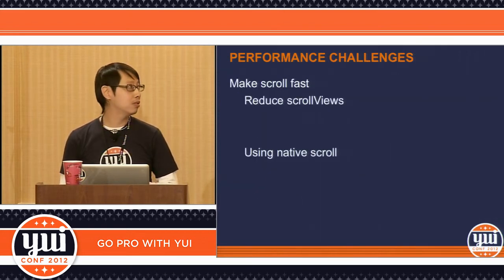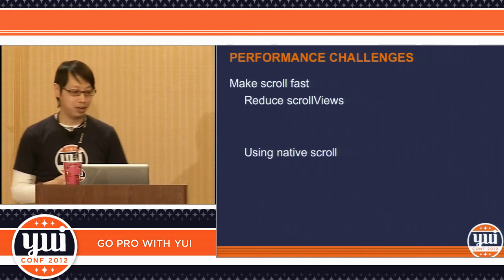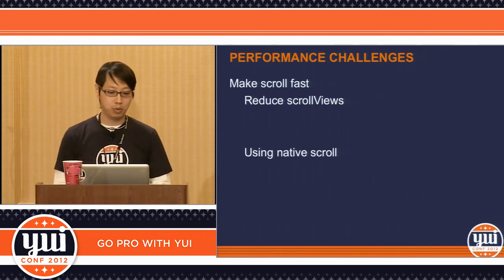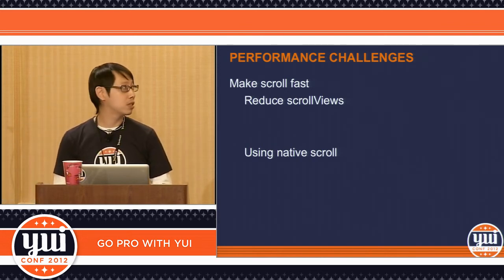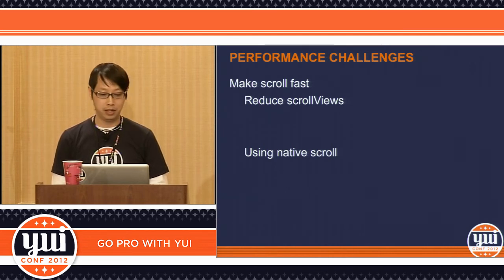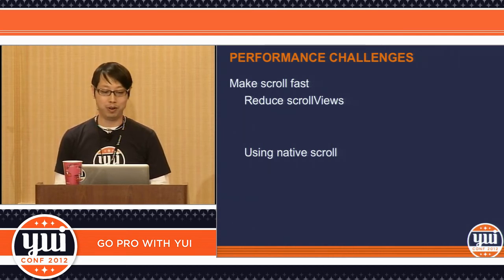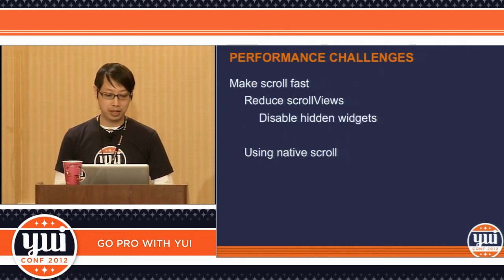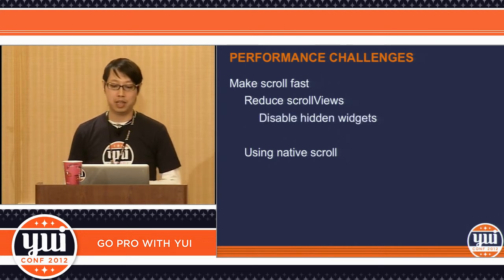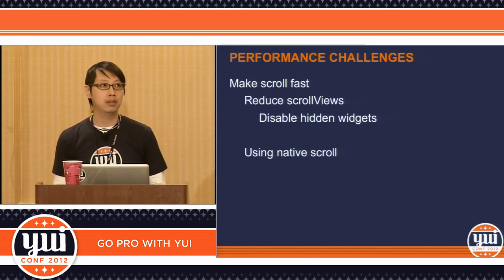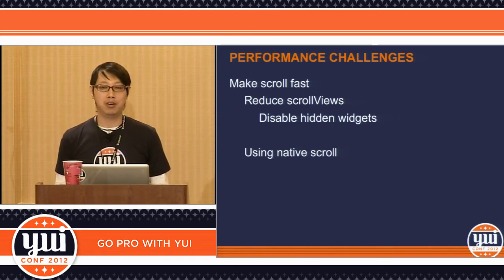So how to resolve it? There are two ways. The first one is to reduce the number of scroll views, and the other is we can fall back to native scroll. For the first one, we can disable hidden widgets. For example, when our shortcut is hidden, we can disable all the scroll views inside it.